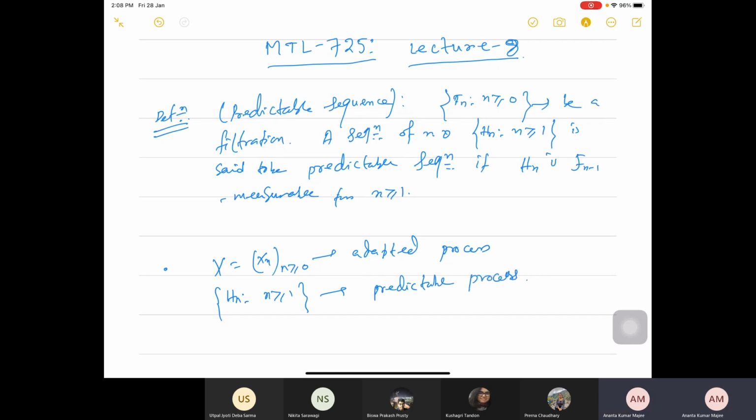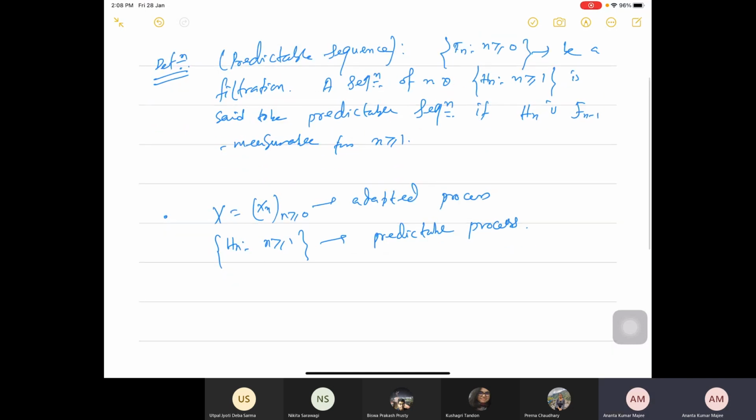Okay, so then I try to define the discrete form of the integral in a discrete setup. So what is that? I define H dot X of n, for n greater or equal to 1, this is the notation for the definition, as the summation over m equal to 1 to n of H of m times X of m minus X of m minus 1, for n greater or equal to 1.